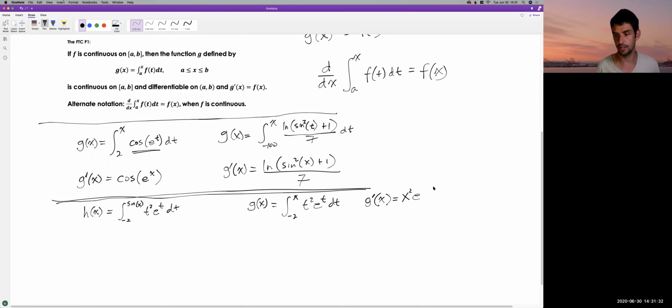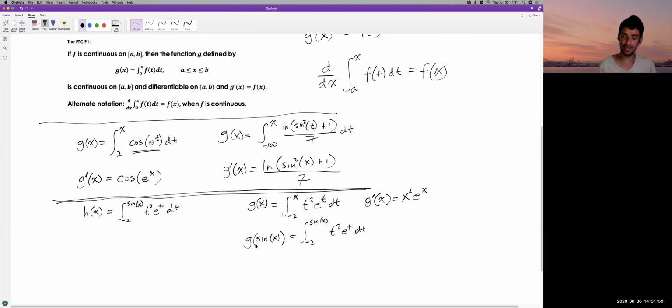That's what we just did. Let's do this. G of sine of x, which is going to be the integral from -2 to sine of x of t squared e to the t dt.